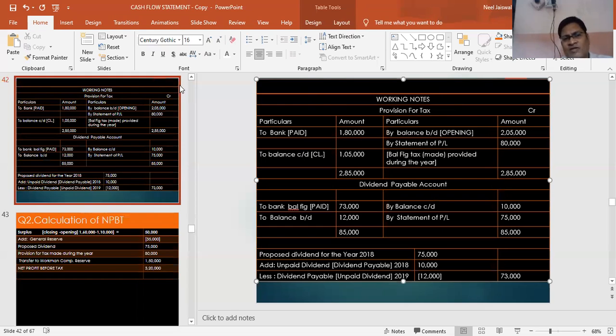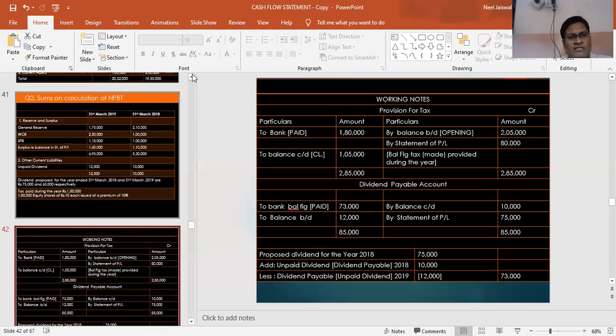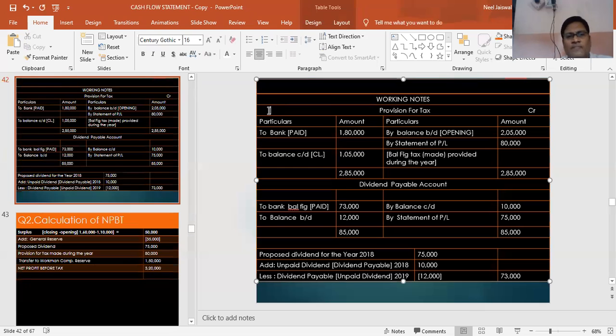These two were given in the balance sheet under short-term provisions: 2,05,000 of the previous year and 1,05,000 of the current year. The current year is the closing balance, so closing goes on the debit side and the opening balance on the credit side, being a liability.